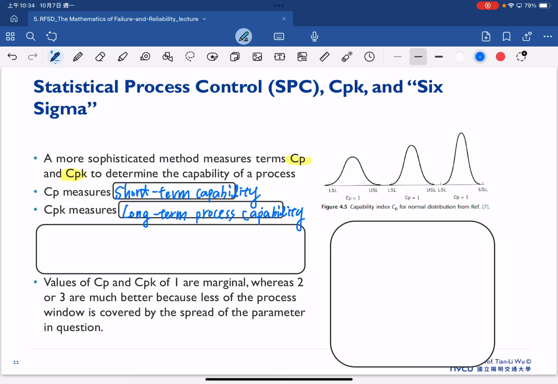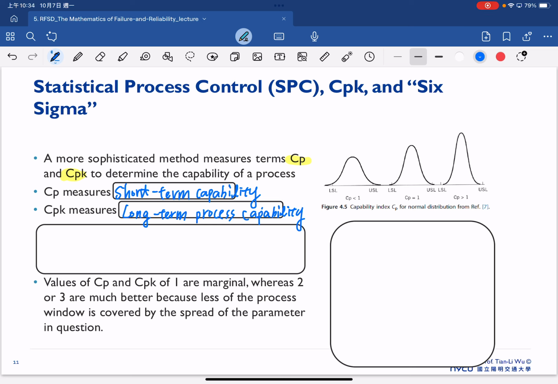So the K is a ratio of the mean drift to this UCL minus LCL over 2. So that's the definition for the K value here.